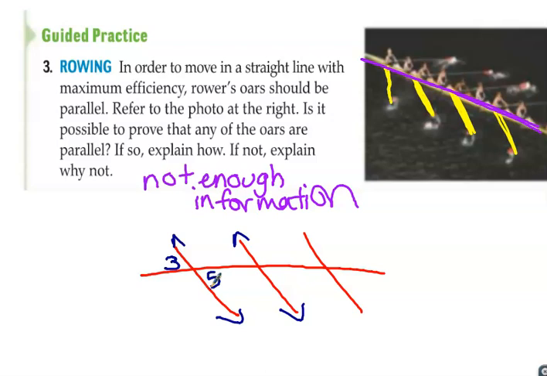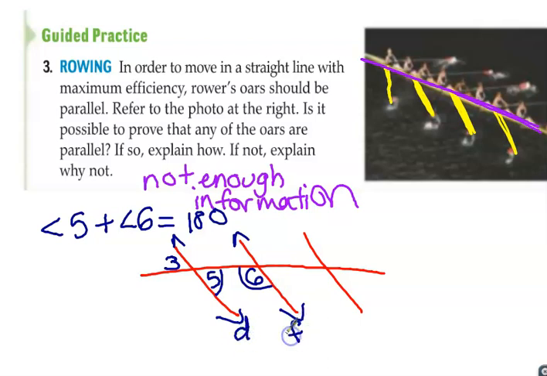All right, well, let's say 5 and 6. What if I said angle 5 and angle 6 add up to 180? Then I could say, oh, right, if 5 and 6 add up to 180, then I could prove that these two angles, so we could say angle D and F, D is parallel to F, based on that theorem. But just looking at a picture, you have to give more information in order to prove that they're parallel.